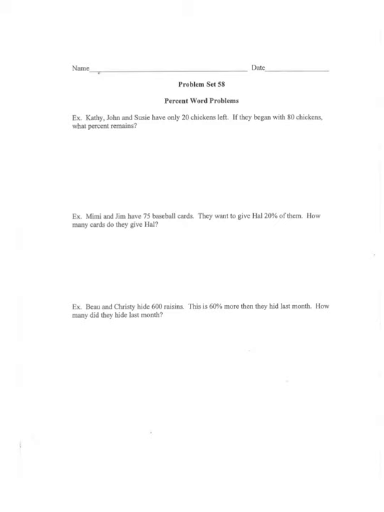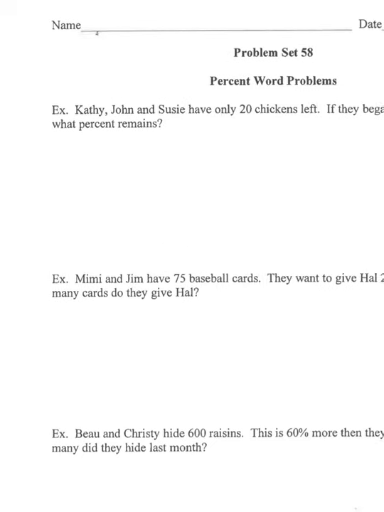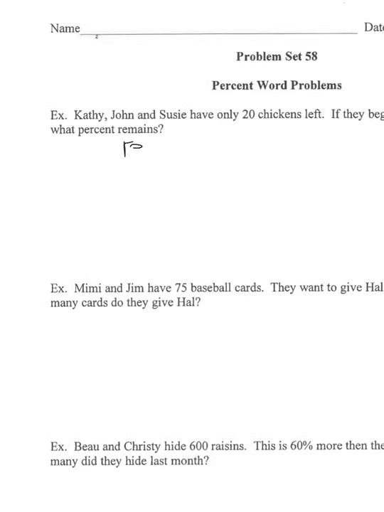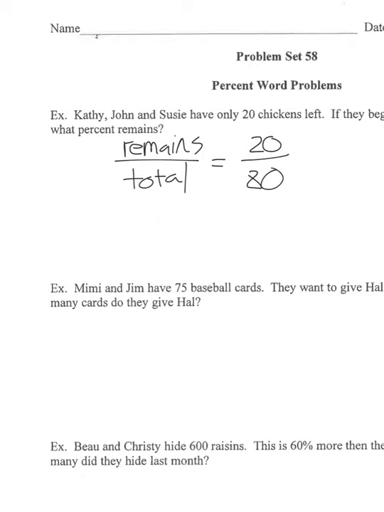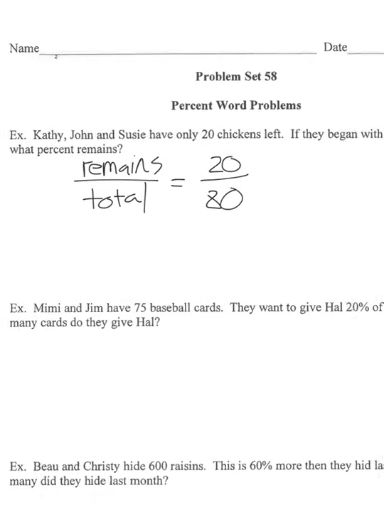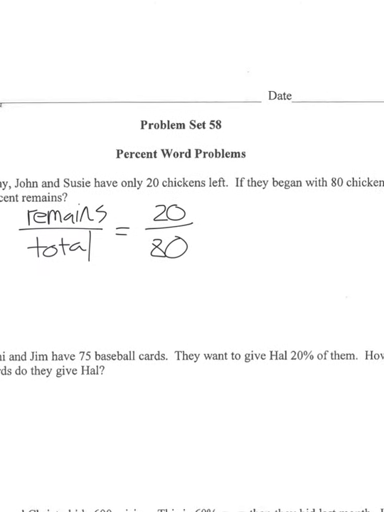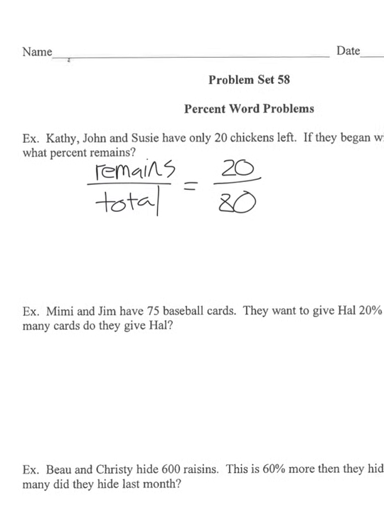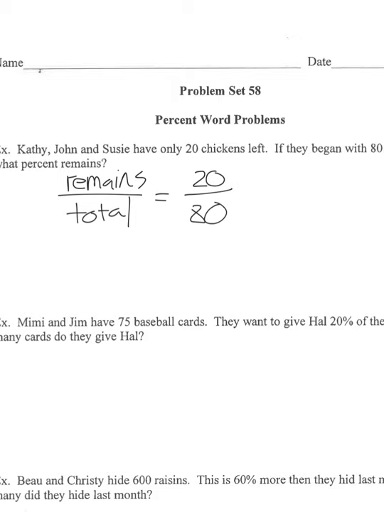So I like to think about this as a little bit of a ratio here between the amount that remains of the chickens out of the total. And so we have this information right from the problem, right? The number that remained of the chickens was 20 out of their total of 80, which they started with. So this is a fraction, and we might be able to reduce this and be able to do a quick look at a percent.